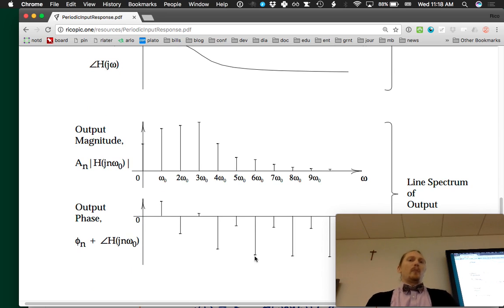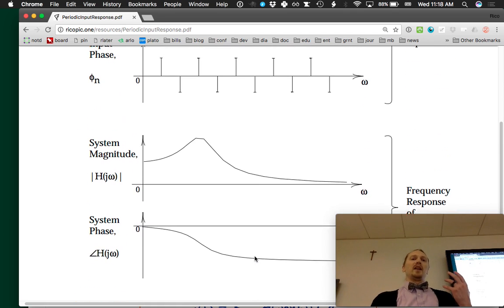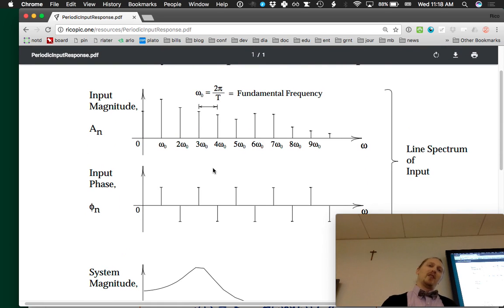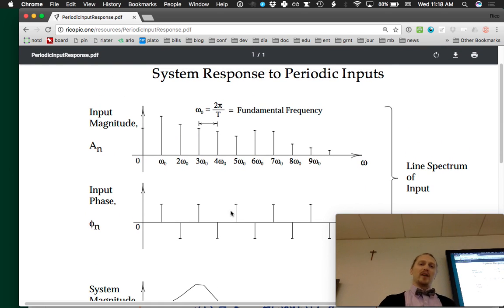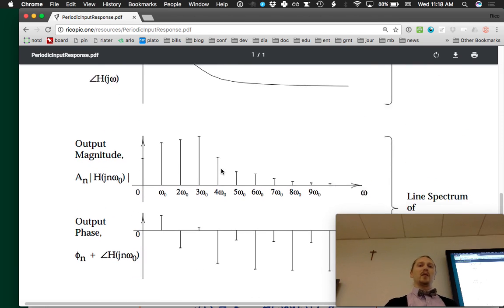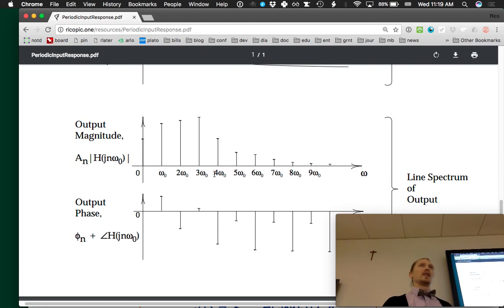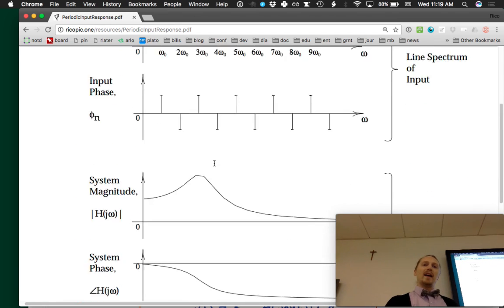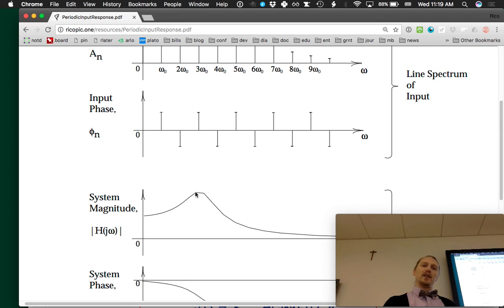So this is how we think of it in terms of being a filter. You have an input that's got this line spectrum. You filter it through here, and what comes out is a filtered version of the input. Notice that the magnitudes around here, this looks like a resonance, doesn't it?